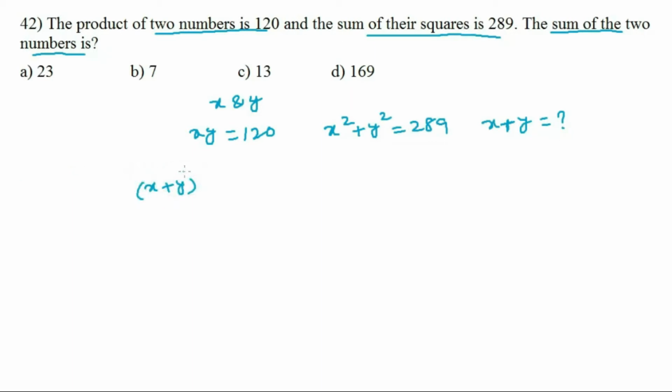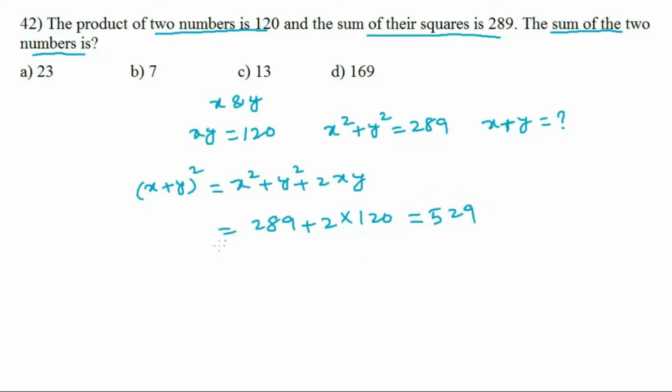(x plus y) whole square equals x square plus y square plus 2xy. x square plus y square equals 289, plus 2 into 120. 289 plus 240 equals 529. 23 square equals 529.